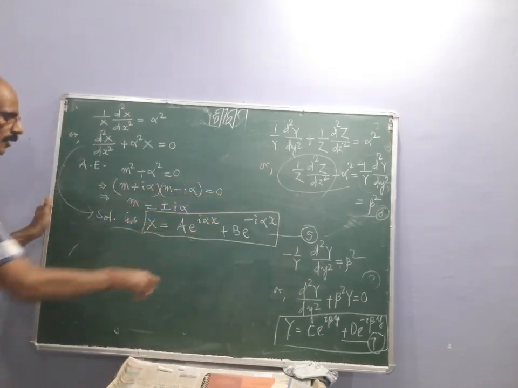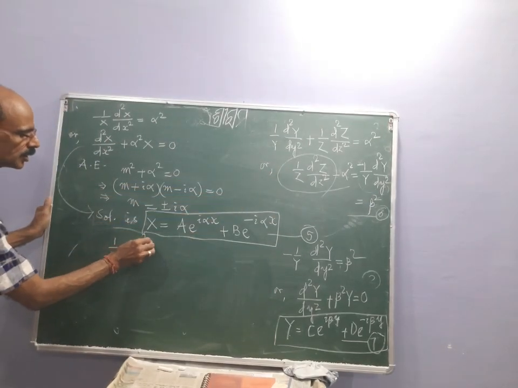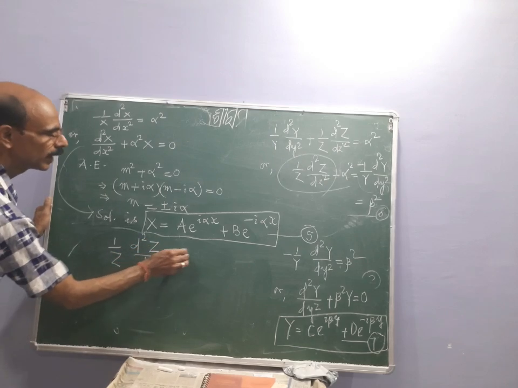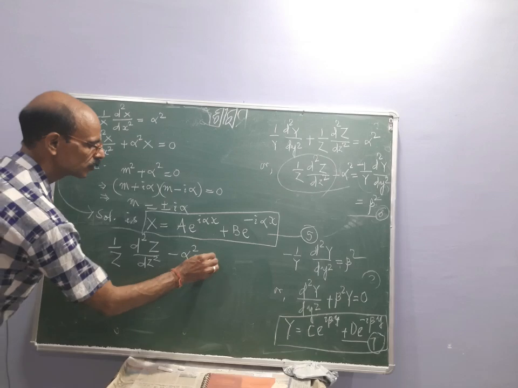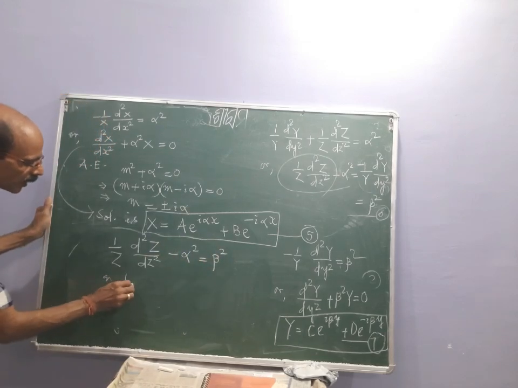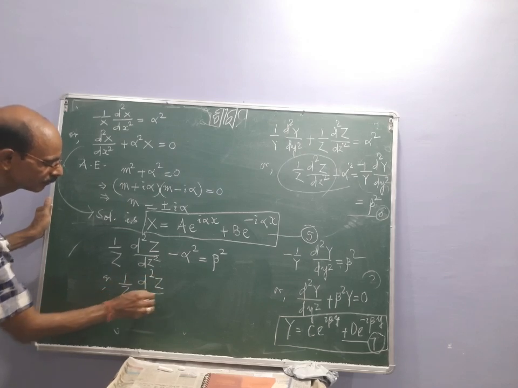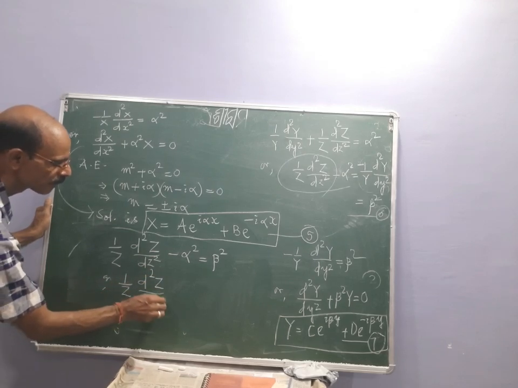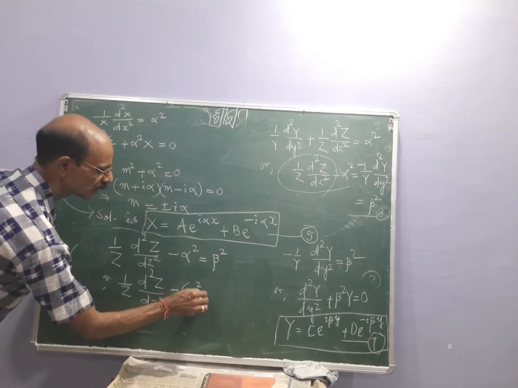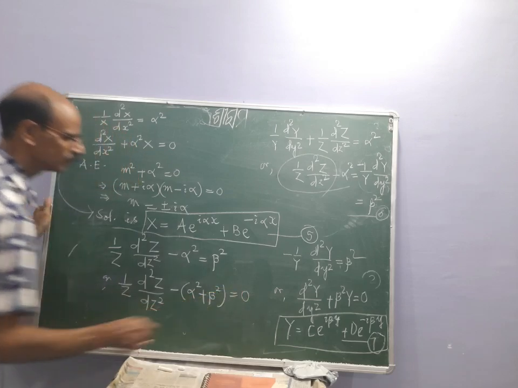From equation 6 I can write 1 by capital Z d square capital Z by d small z square minus alpha square is equal to beta square. Or I can write 1 by Z d square Z by dz square minus alpha square plus beta square is equal to 0.